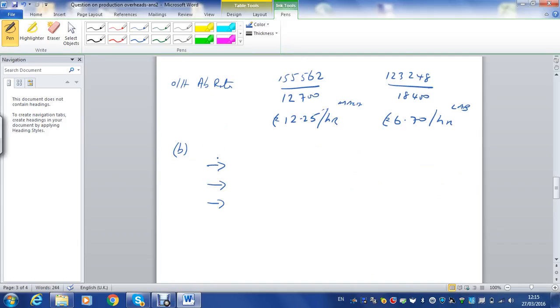Now we haven't worked it out, so just to add to the problem, we better work it out, the first bit. So if you remember, it was 155,562, and this time we're running by the number of direct labor hours, which is 7,300, and that works out at 21.31.